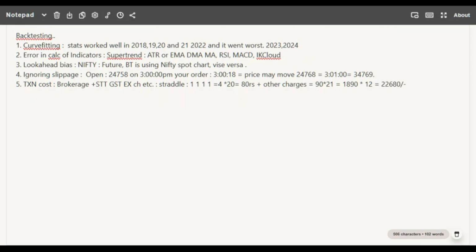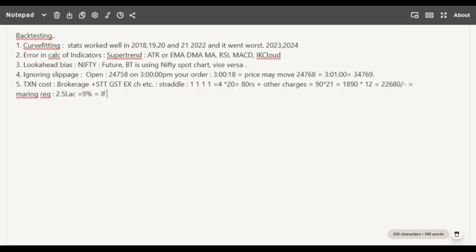So this is your cost per straddle. And the margin required per straddle nowadays is 2.5 lakh. Let's assume it. So for 2.5 lakh, 22,000 is 9 percent.